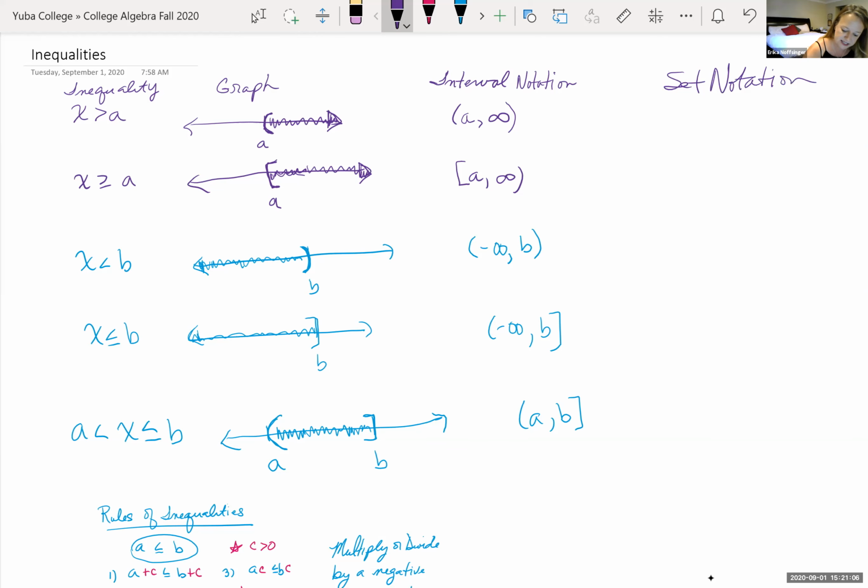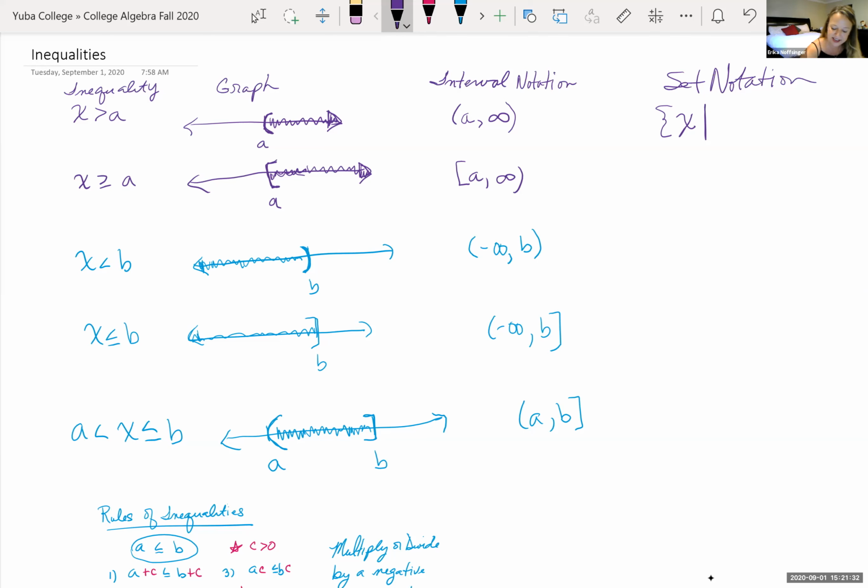Sets usually are denoted by a curly bracket, and then we say what variable we're talking about. In this case, we're looking at x. You will see a vertical line, which reads as "such that." So this is the set of values of x such that, and now you give your stipulation of what has to be true for x.